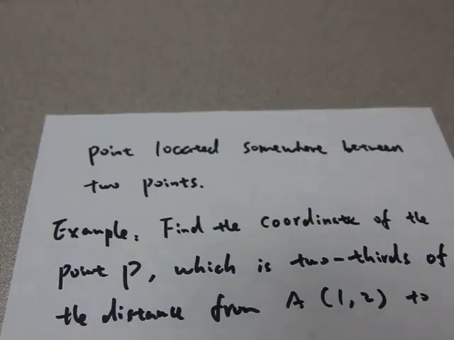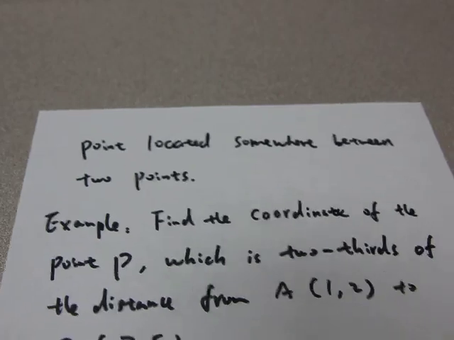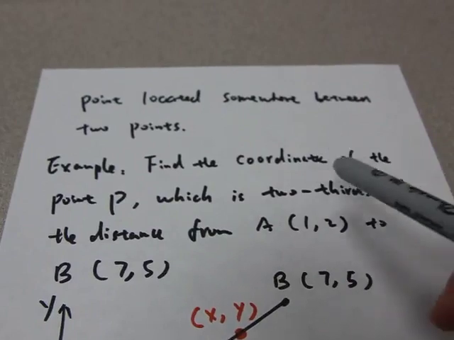Now in this video, I'm going to show you how to find the coordinate of a point located somewhere between 2 points on the XY coordinate system. Now here is the example.